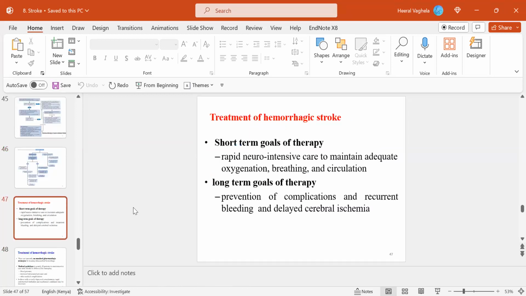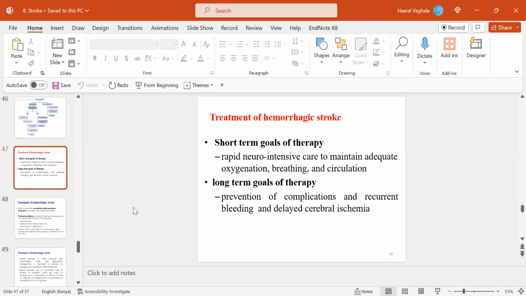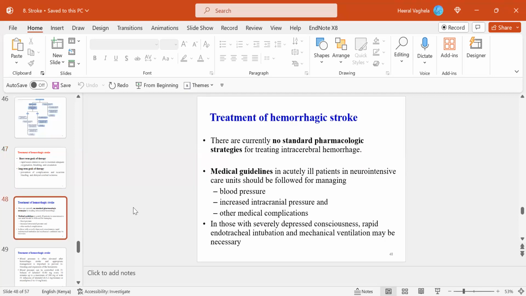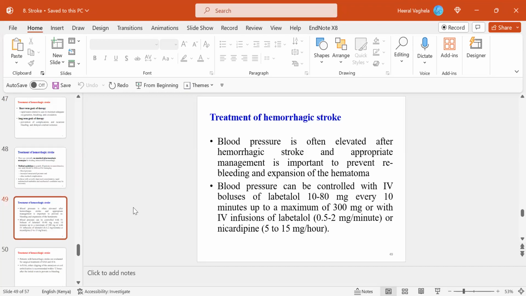When you come to hemorrhagic stroke, like I said, there's rupture of blood vessels. So now we have an aneurysm in the brain, which is that bulging of the blood vessel. So we need to control blood pressure so that the aneurysm does not rupture. That is one of the main things you do: you control the blood pressure with IV labetalol or nicardipine.